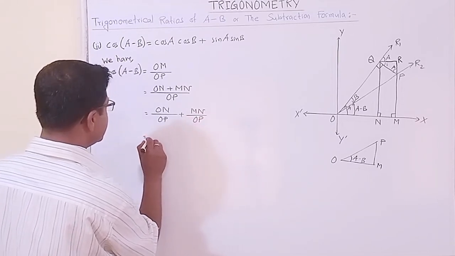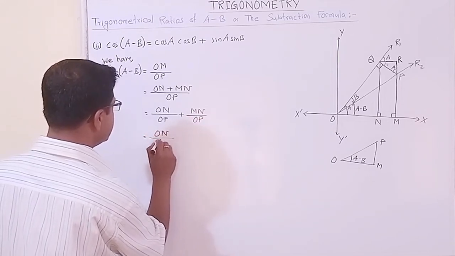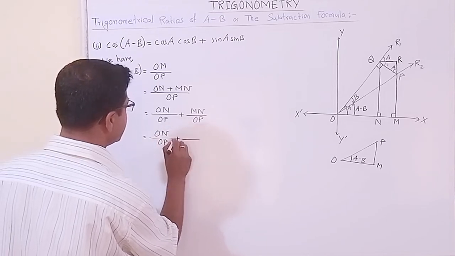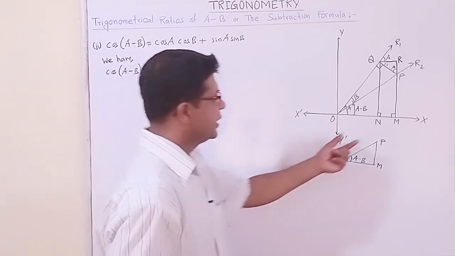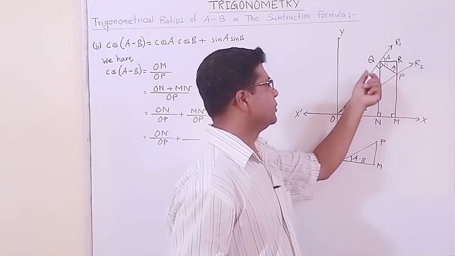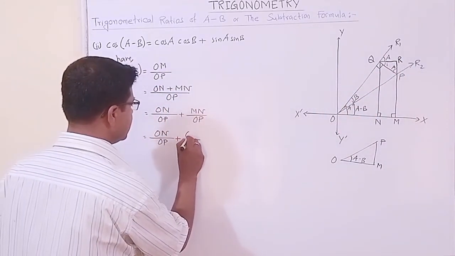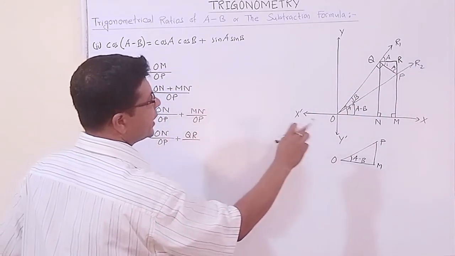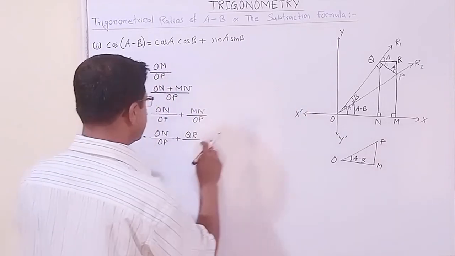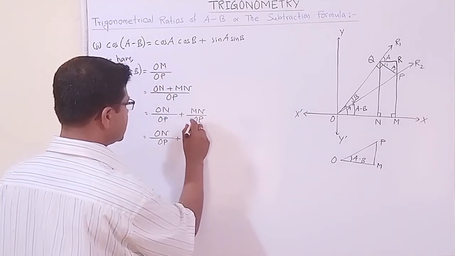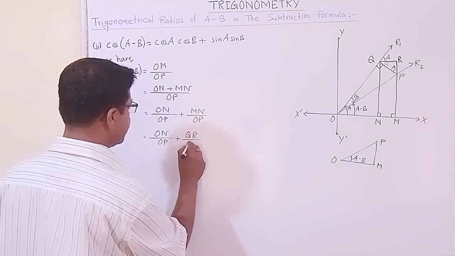Always remember, we have to substitute in all the derivations. What is MN? MN is just opposite of it, QR, because NMRQ is a rectangle. So in place of MN, let us write QR because they are equal.